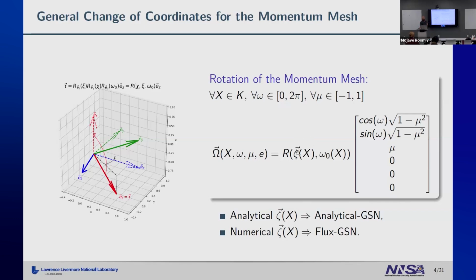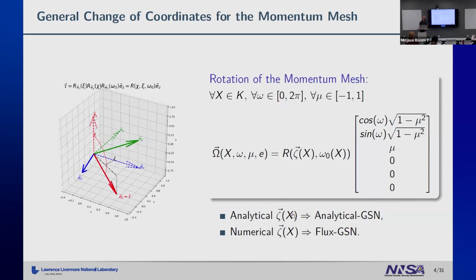The vector zeta is the origin of the polar system, and omega 0 is the rotation over the axis for the origin. It's really the origin of the axes.